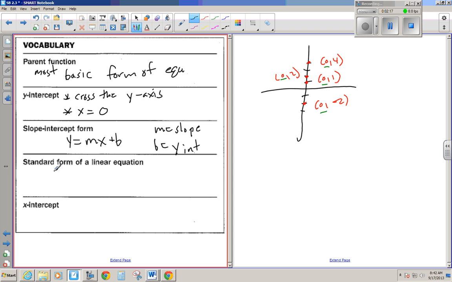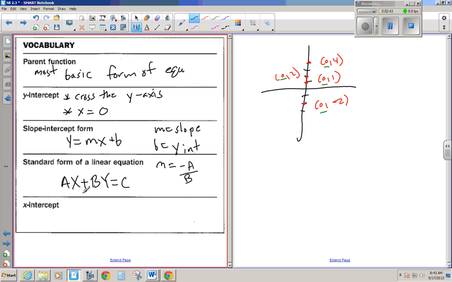Standard form of a linear equation. Standard form looks like this: ax plus by equals c. Now here, when you have this equation, you can say that m is equal to negative a over b.